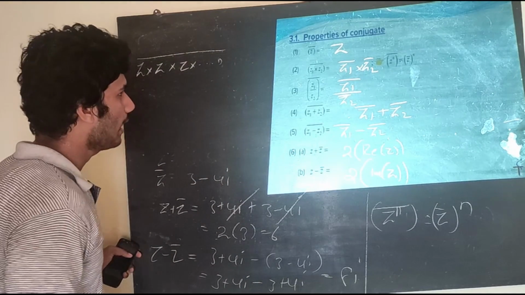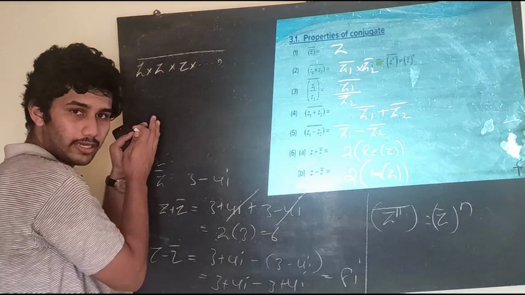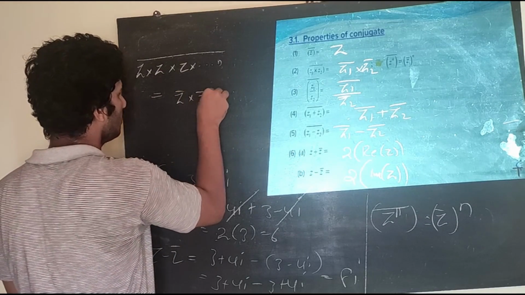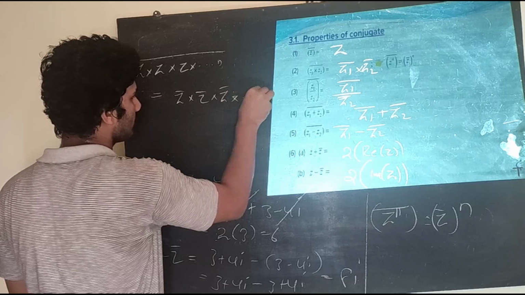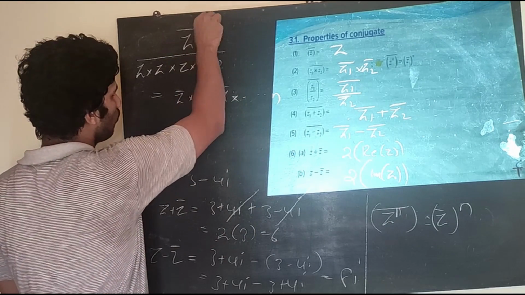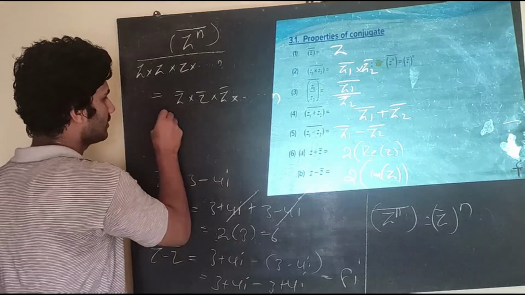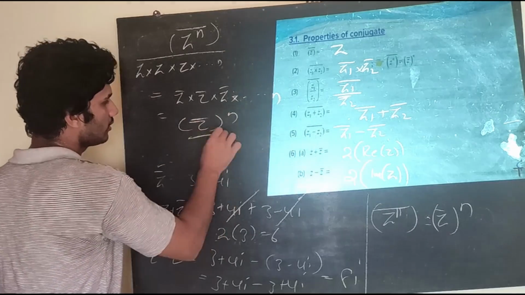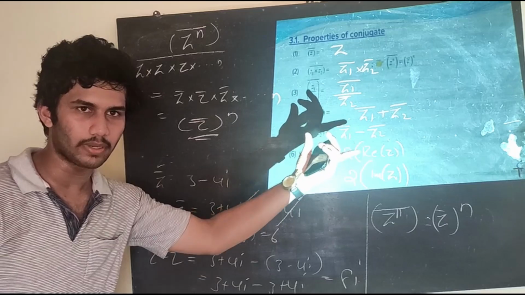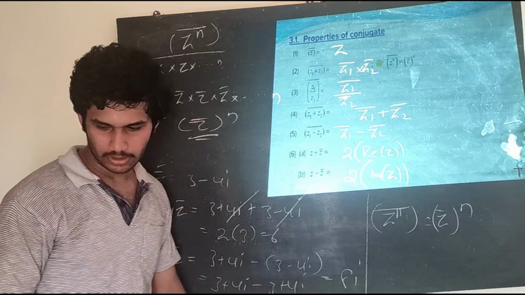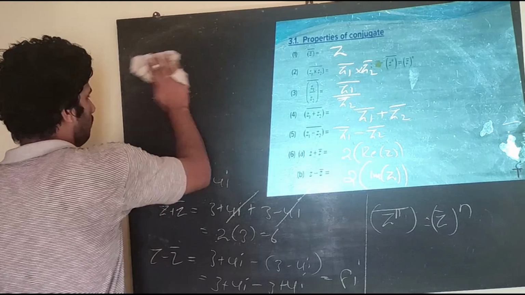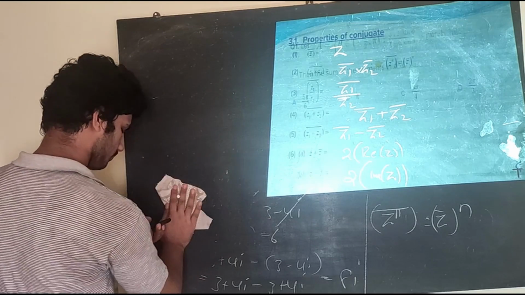And this gets split up. So this becomes z bar into z bar into z bar, and so on, up to n times. So this is z raised to n whole bar, and this is z bar whole raised to n. Do you understand why that property came? It's a very important property. So I think conjugate is quite simple. We'll move on.